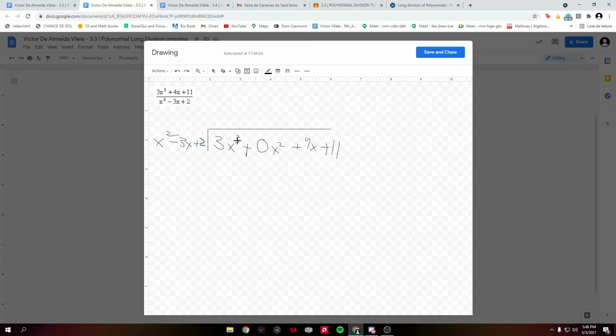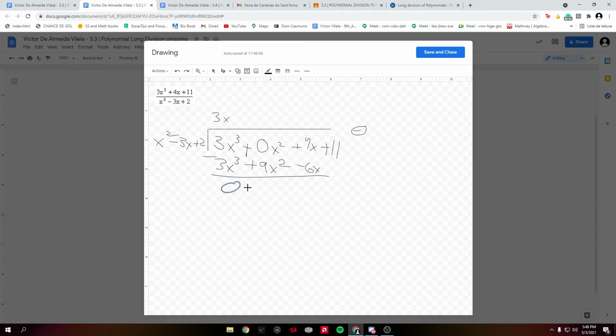So first one, we already know it's going to be 3x. Why? Because x squared times 3x is going to be 3x cubed, and the negative that we lost right there. Now the other one is going to be positive 9x squared and 6x, which is going to be negative 6x.